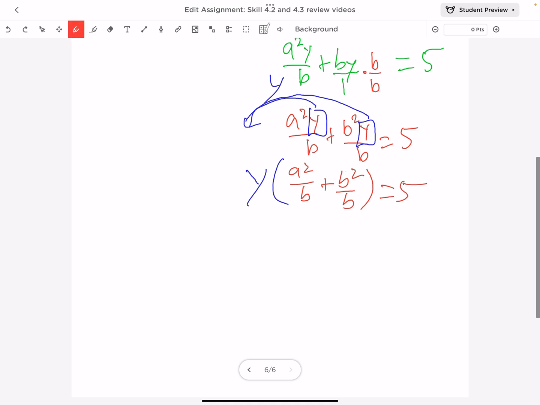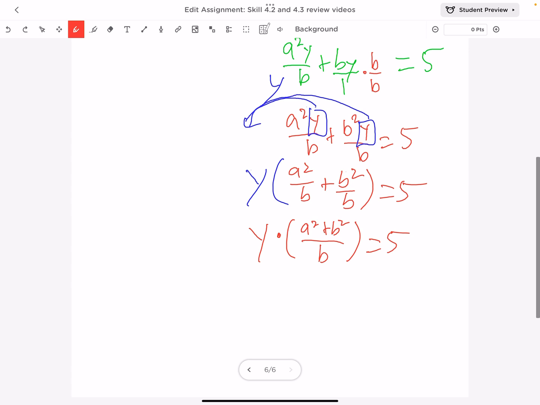And I can consolidate this down to y times a squared plus b squared, because it's a fraction, all over b is equal to 5.